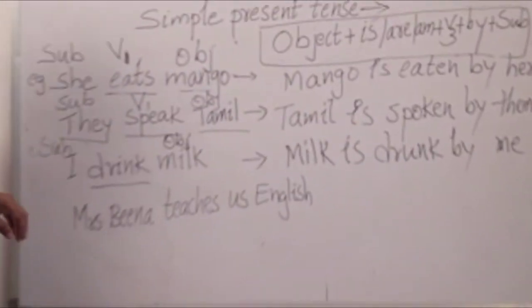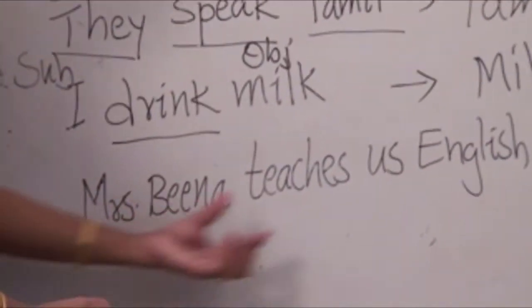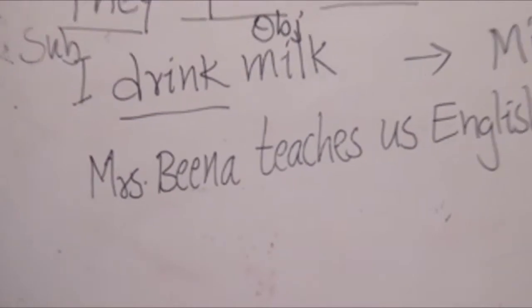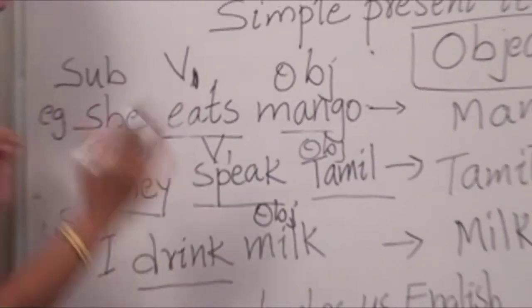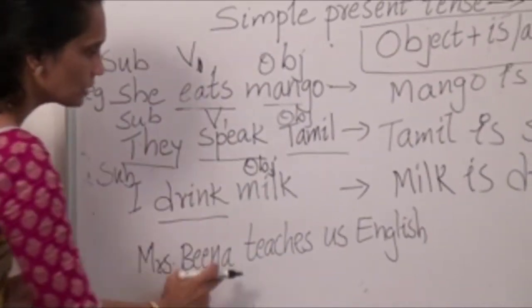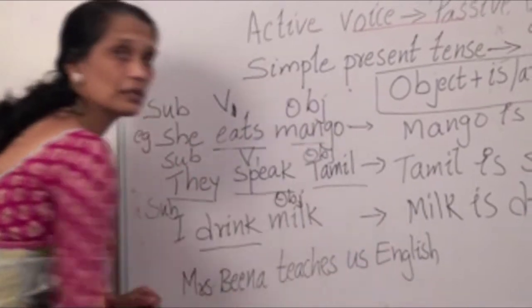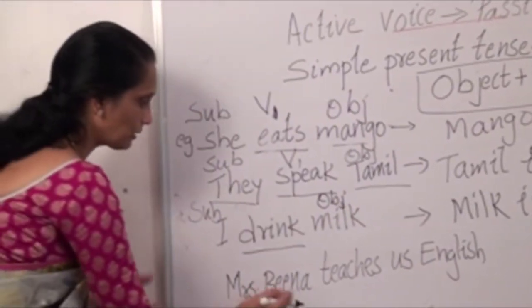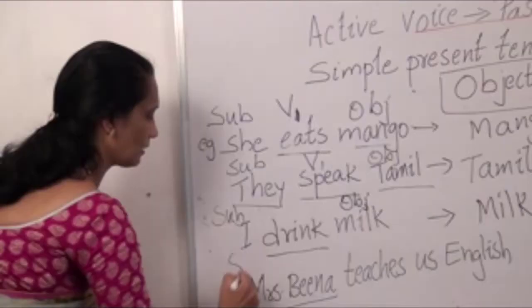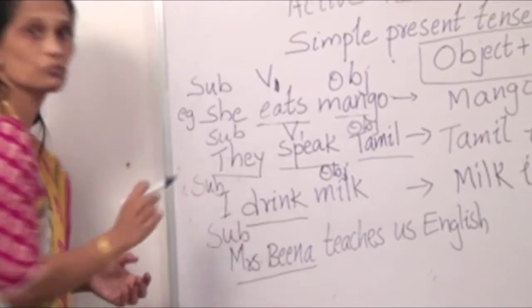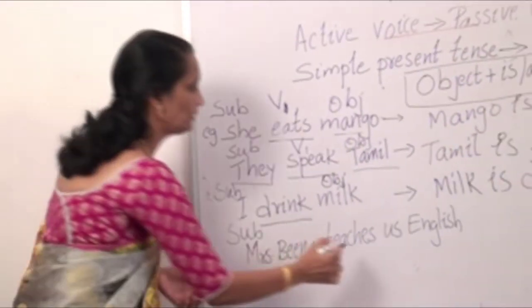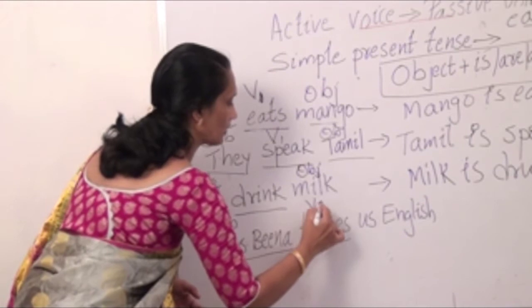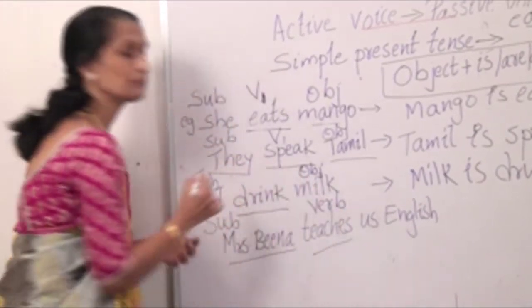Next, Mrs. Beena teaches us English. In this case there is a little bit of difference between this sentence and the earlier ones. Mrs. Beena is the subject, there is no doubt in that, and teaches is the verb.